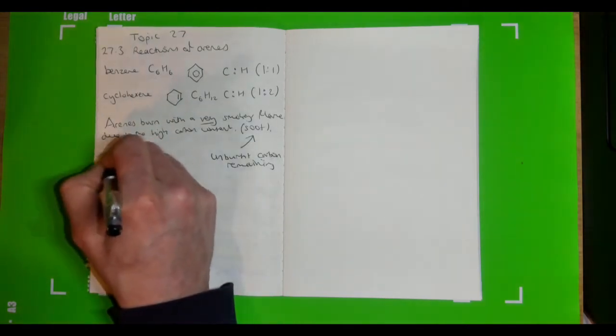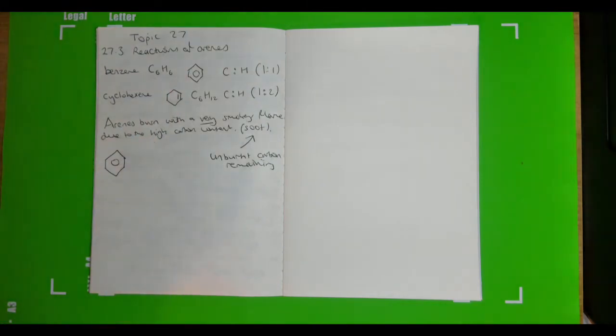Okay, so we're going to look at some reactions. The first reaction that we're going to look at is nitration, and the second one is acylation. Let's just look at the reaction in general. We're used to looking at the structure of benzene like this.